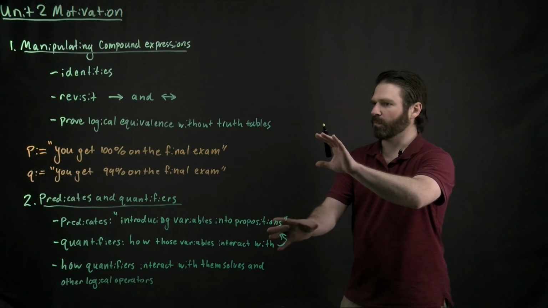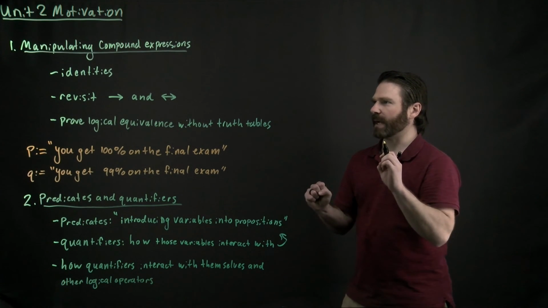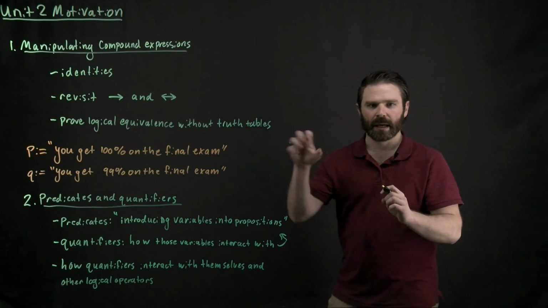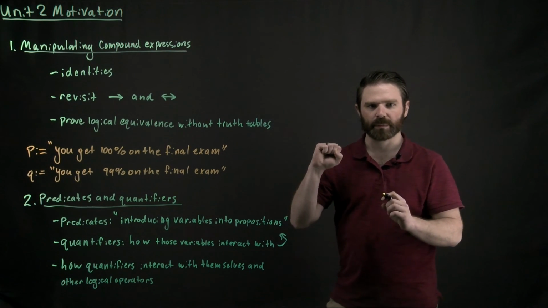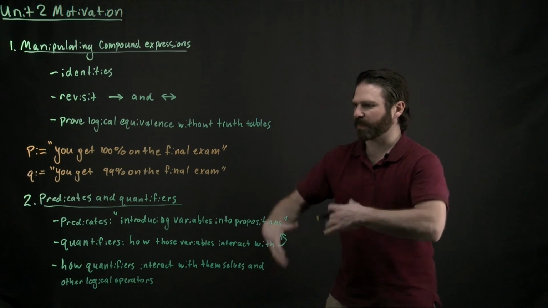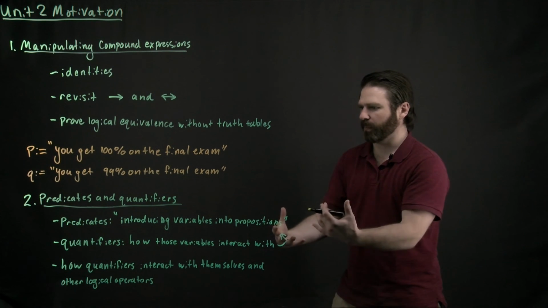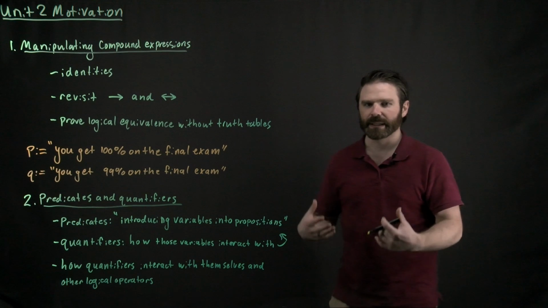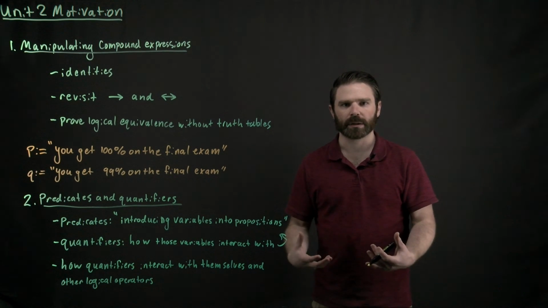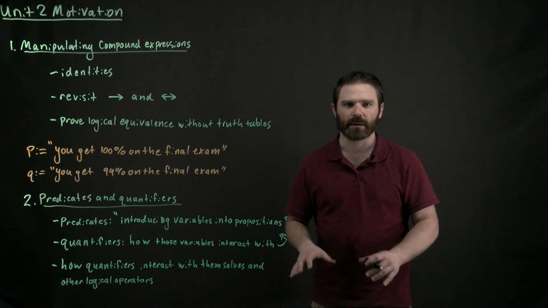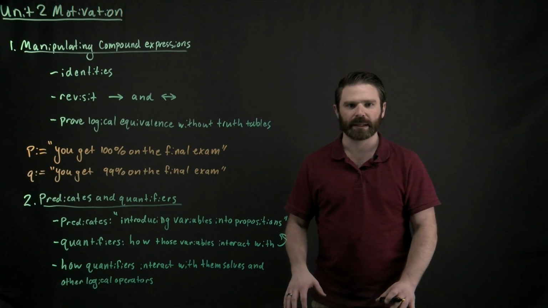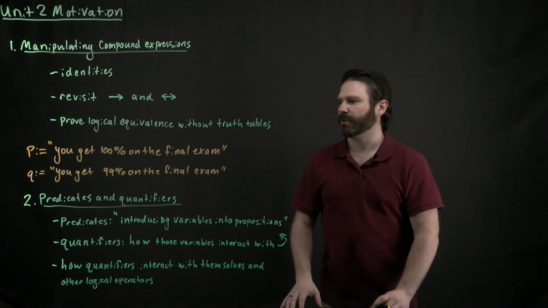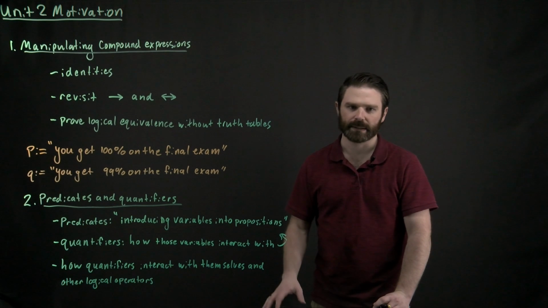With these more powerful abstract ideas, these identities, the ability to manipulate compound expressions and express things in a more verbose and more powerful language is going to give us more tools in our toolbox when we need to analyze our algorithms. So we're basically building up the theory to be able to get to the actual analysis of algorithms.